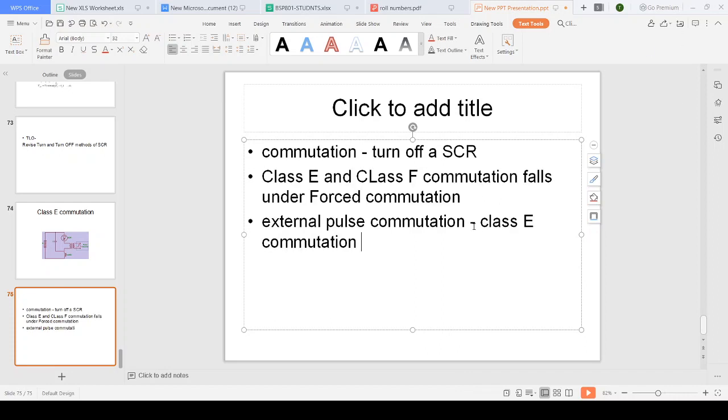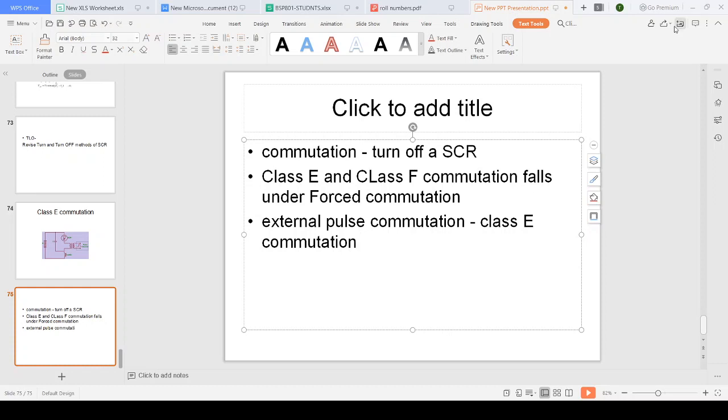In this subtype, an external pulse or external current signal is used to turn off a SCR. Because of this reason, this commutation is also called external pulse commutation. Listen once again.